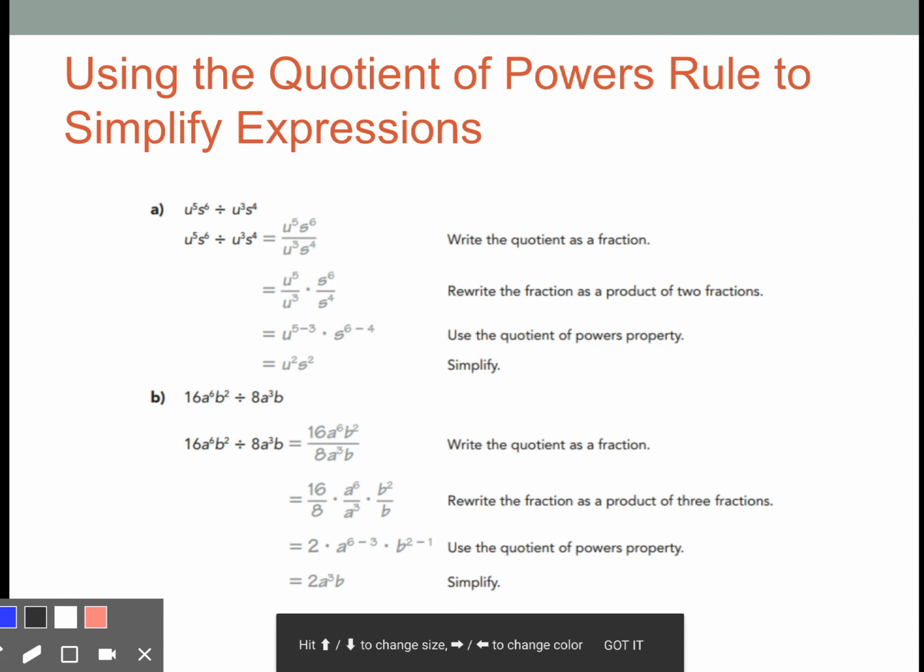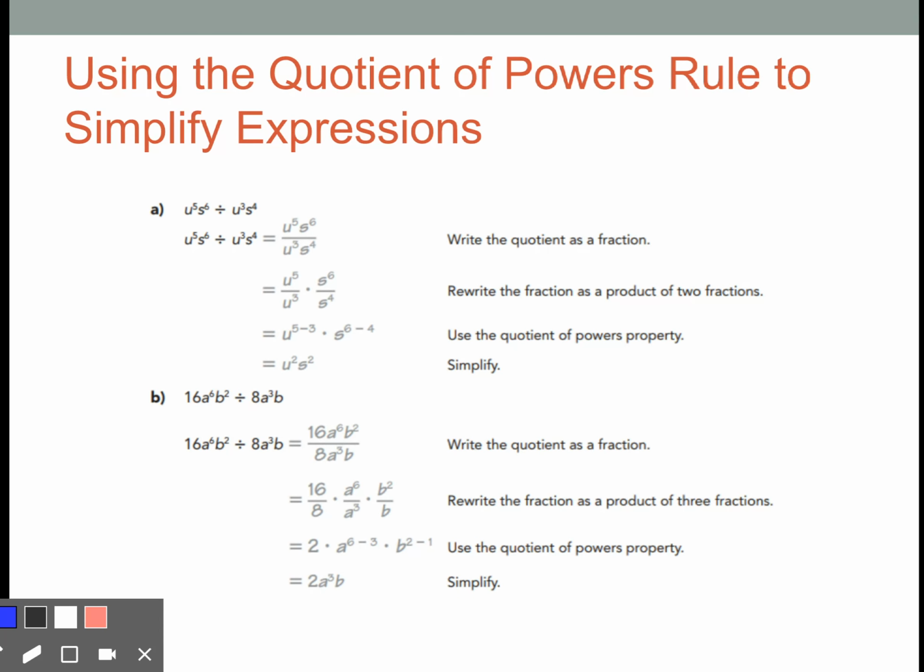On this page, we are going to talk about some more examples where we have multiple variables and some coefficients as well. In A here, we have u to the 5th power times s to the 6th power divided by u to the 3rd power times s to the 4th power.